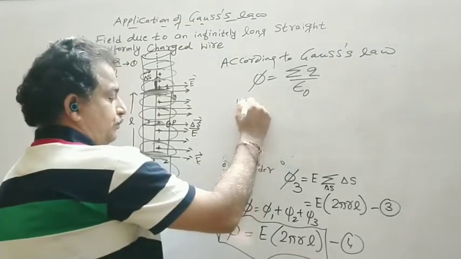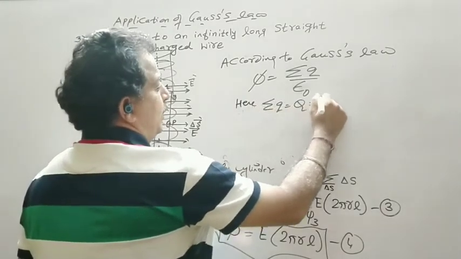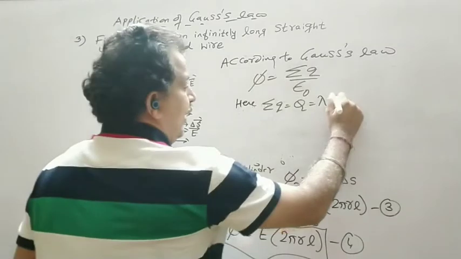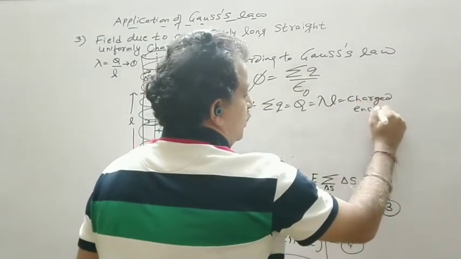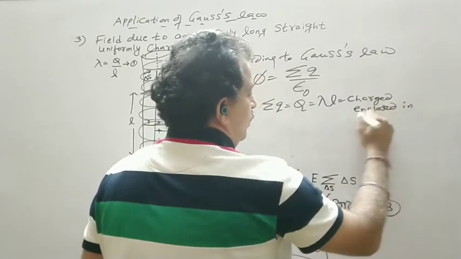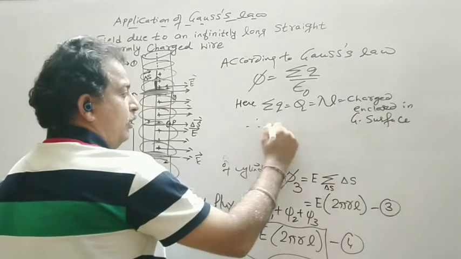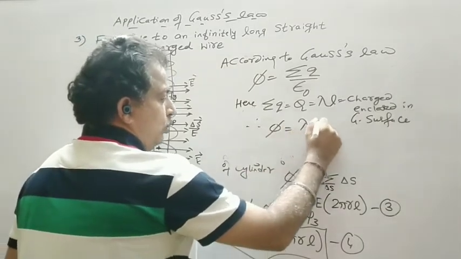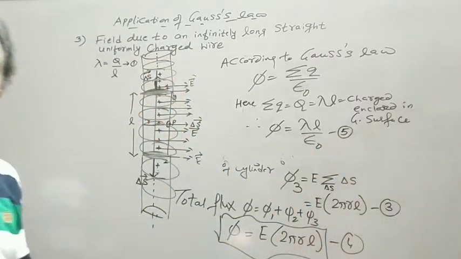Charge enclosed is capital Q, which can be replaced by lambda L. So here summation Q is equal to capital Q is equal to lambda L, charge enclosed in the Gaussian surface. Therefore, flux is equal to lambda L upon epsilon naught. That is equation number 5.